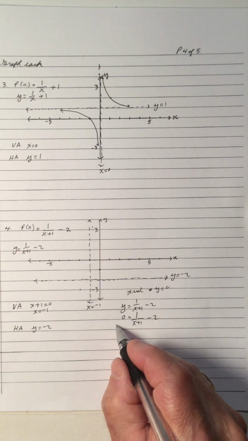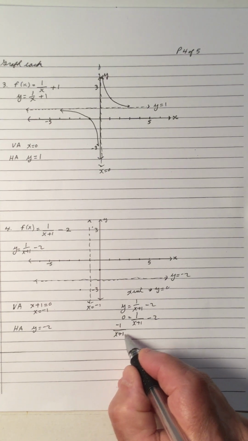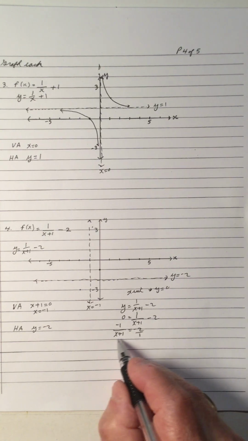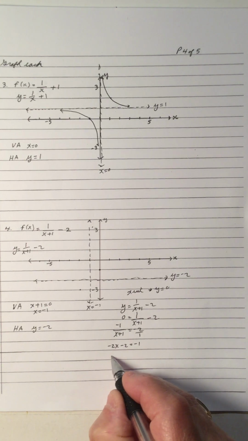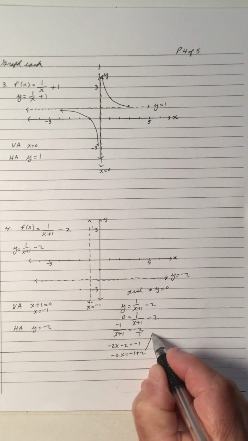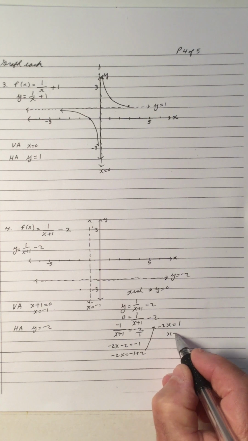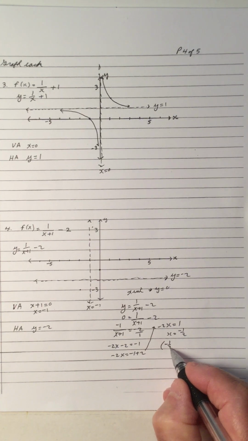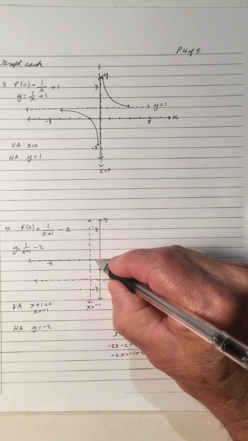We get 1 over x plus 1 equals 2. Put it over 1 and cross multiply: 2x plus 2 equals 1. 2x equals 1 minus 2, so 2x equals negative 1. Divide by 2, we get negative a half. So x is negative a half when y is 0.